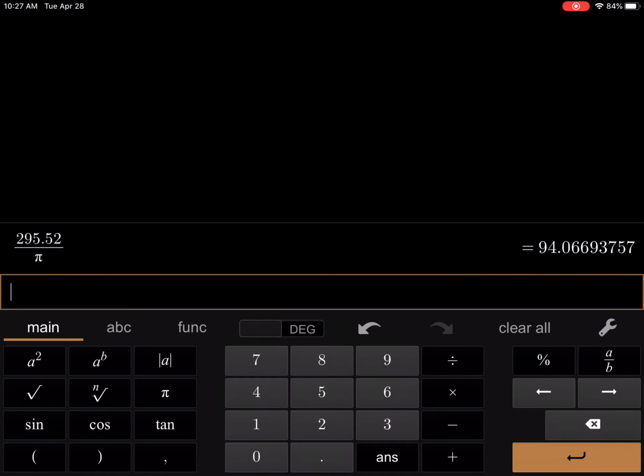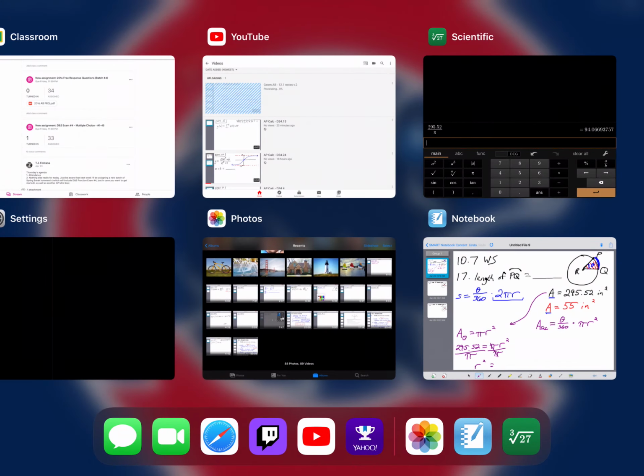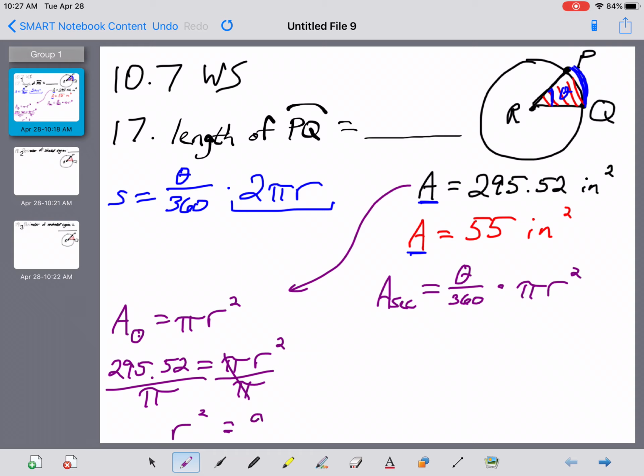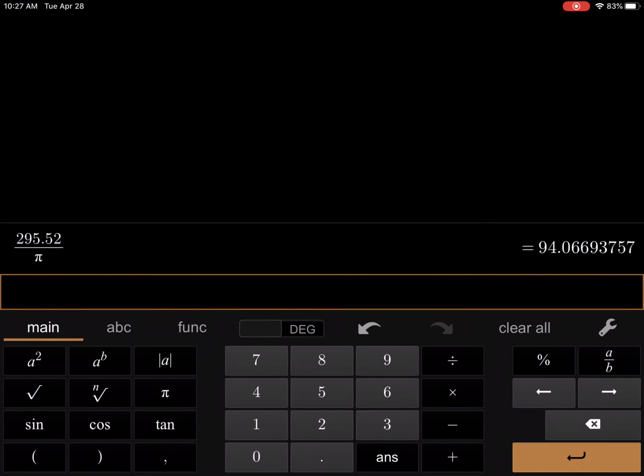When I hit enter, that gives us 94.07. Let's not get ahead of ourselves. That's not the radius. That's the square of the radius. So to undo that square, we need to take the square root of the left and the square root of the right. So moving over here to the side, that tells us that r is equal to, and let's try this again, guys.